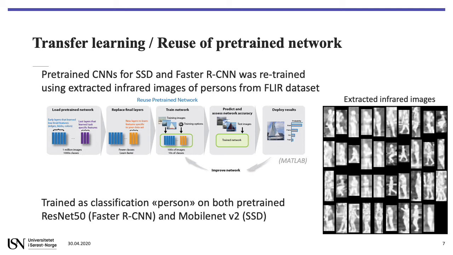It was more than 20,000 images of persons. You see 30 or so of the persons on the right side here. So we trained the ResNet 50 CNN and MobileNet version 2 CNN with those data.